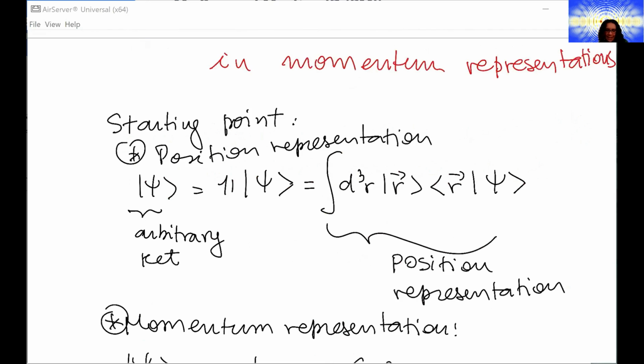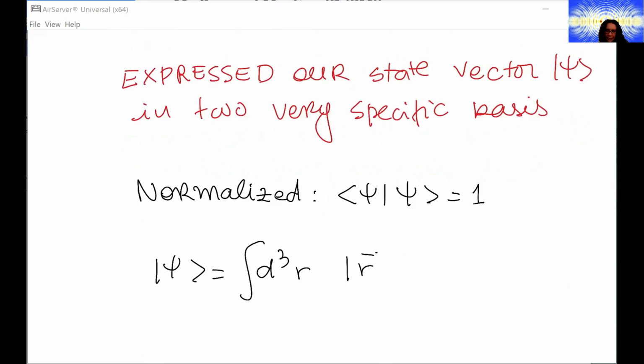We know that ket psi can be written as the integral d3r of ket r, bra r, psi, and we're going to come with bra psi, this guy, from the left. Okay, so this is going to give me something like that.